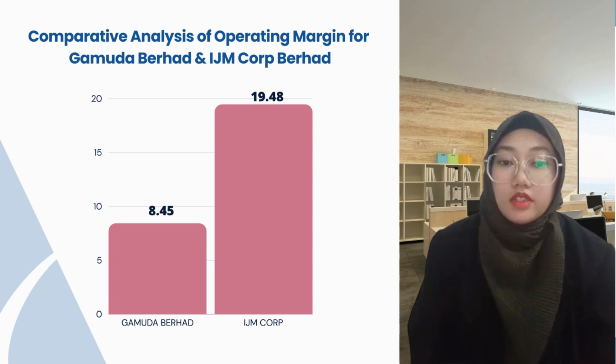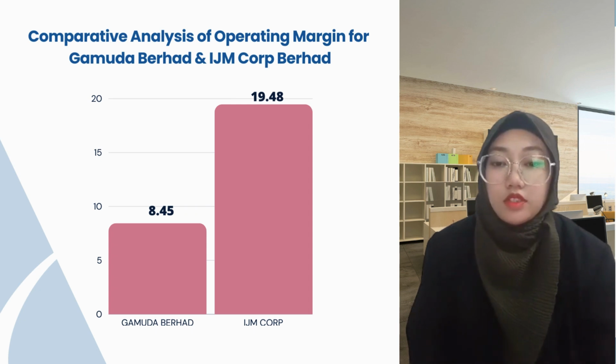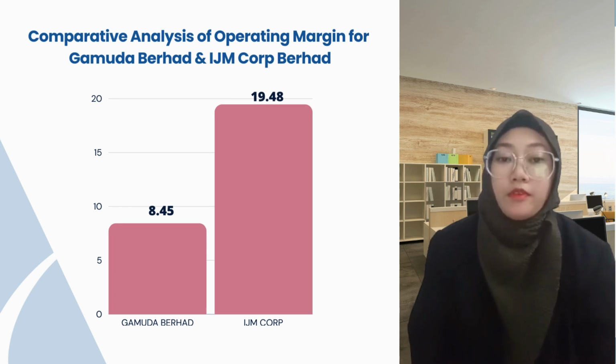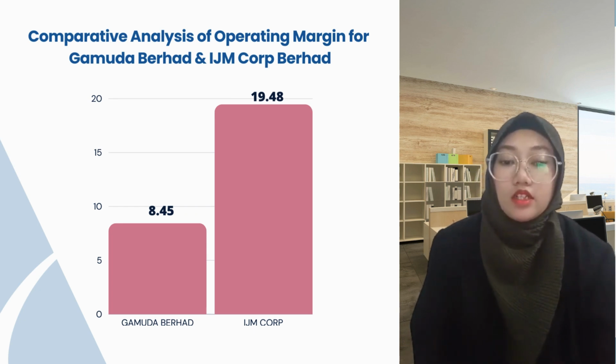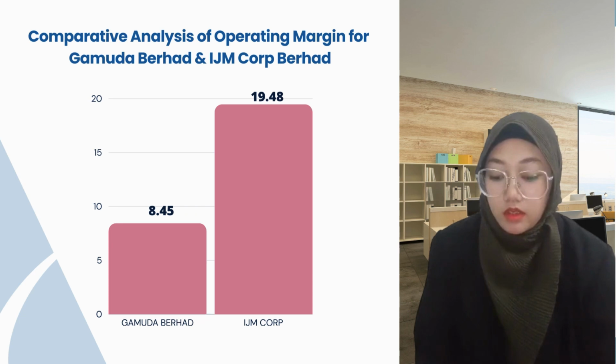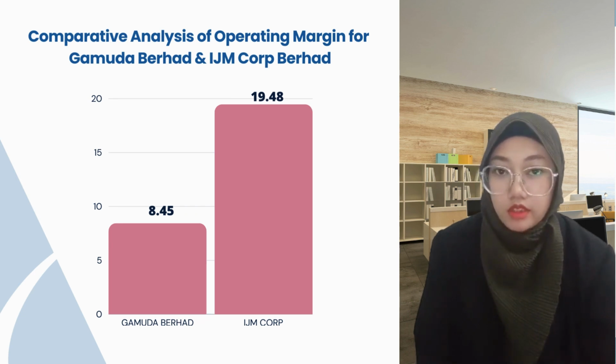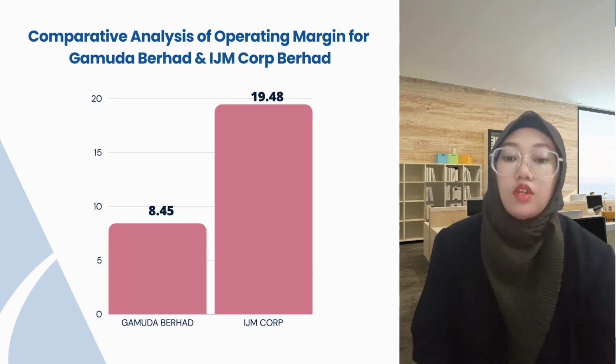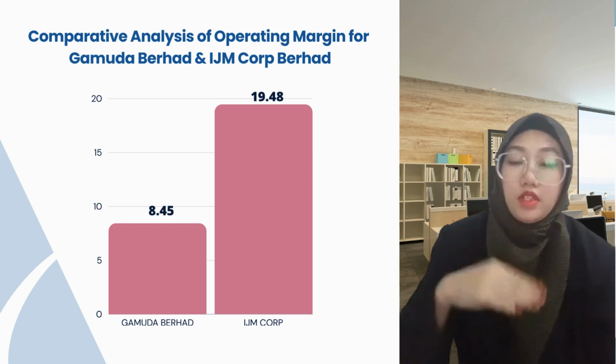So in the current year, the operating margin of IJM is higher than Gamuda. Actually, IJM Corp's sales are less than Gamuda's, but likely because their operating cost is low, their margin becomes high.